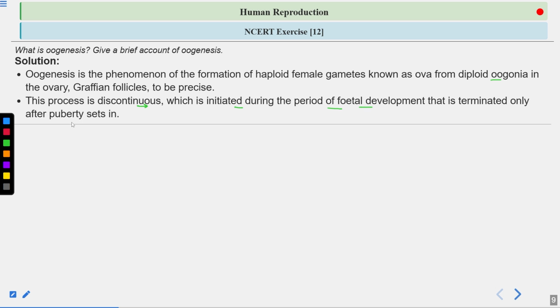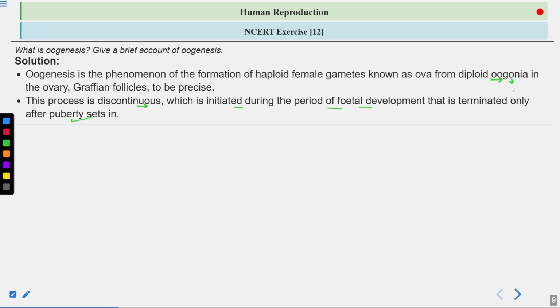And then this oogenesis resumes at puberty. So you have to remember this. Oogenesis starts in the embryonic stage only, where all the oogonia are produced. Clear? But egg formation occurs after puberty. Why does this happen? Because some of the oogonia transform into primary oocytes.